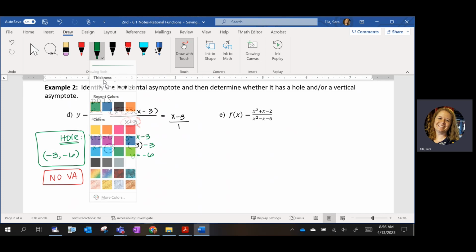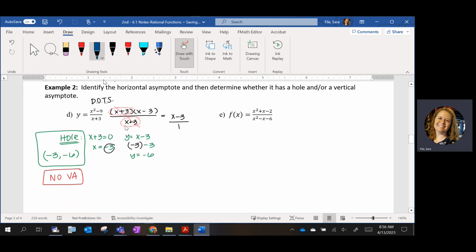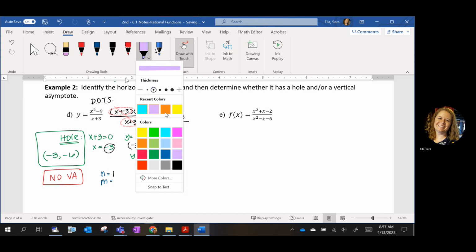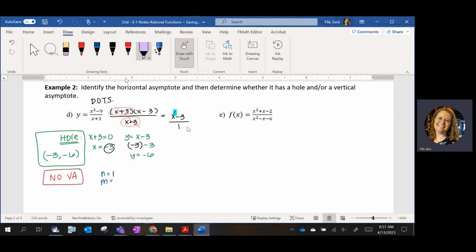Now the horizontal asymptote, we said, comes from comparing n and m. You're comparing n and m of the new equation. So in the new equation, my n is an understood 1. Y'all agree right there? But in the denominator, there's no x at all, right? So that's an understood x to the 0 power.